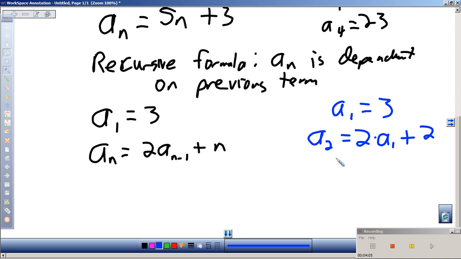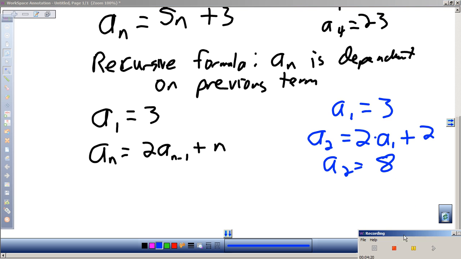So we're going to have a2 equals 2 times 3 plus 2. So what if I wanted a5? What is this right there? Yeah, n minus 1.